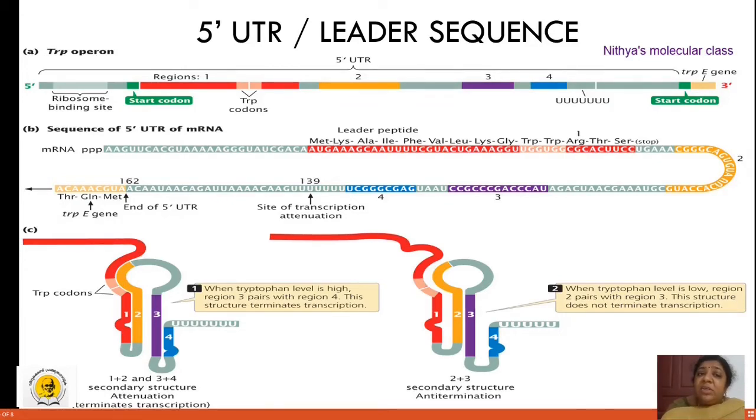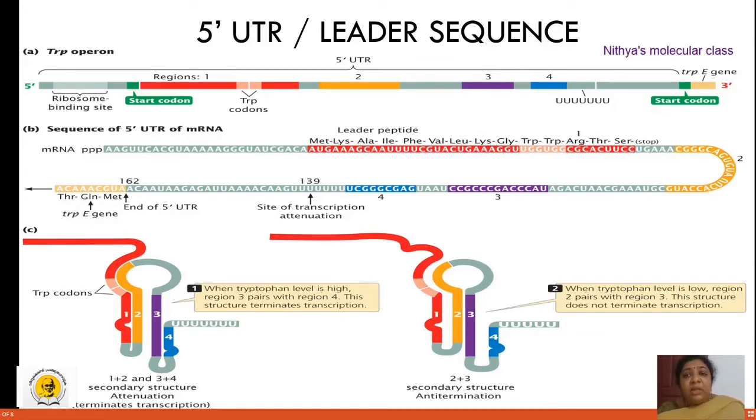When it reaches the trp codon, you need tRNA for the production of protein. For the production of proteins, this mRNA is engaged with the ribosome, because transcription and translation occur side by side in prokaryotes. So when the RNA polymerase reaches the trp codon, the mRNA will be engaged with the ribosome, which needs amino acid tRNA with tryptophan.